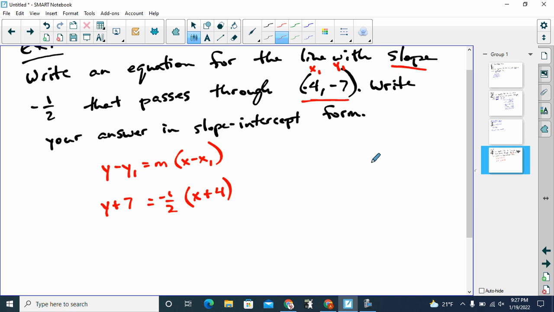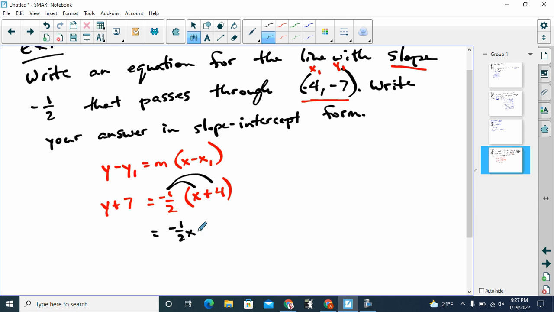I have written an equation for the line that has a slope of -1/2 and passes through the point -4, -7. The problem is my answer is not in slope-intercept form. To change to slope-intercept form, we distribute -1/2 times x, -1/2 times 4. 1/2 of 4 is 2.